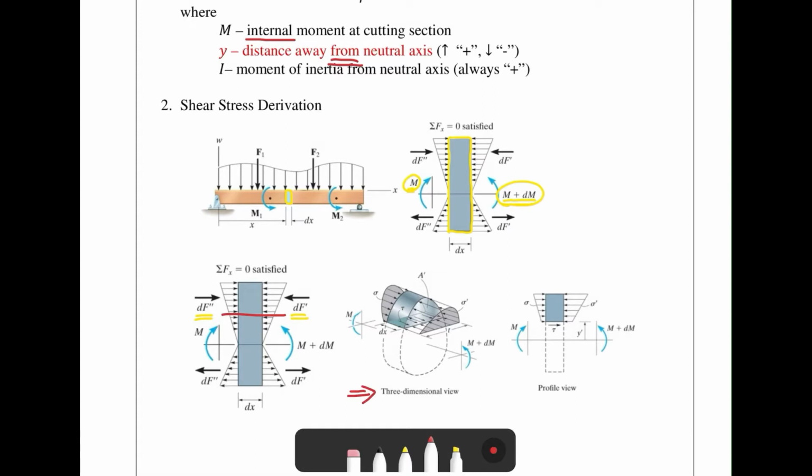Or the 2D view like this, you can see there is a mismatch, right? If we sum the total area of this trapezoid and the trapezoid on the other side, you can see it's not going to be in equilibrium, right?